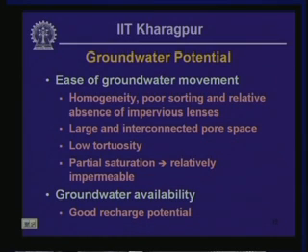And what is better is that the grain size distribution of the water bearing formation should be poorly sorted. In other words, the grain sizes would be quite similar. Grain sizes that compose the aquifer would be quite similar, and there should be relative absence of impervious lenses within the mass of the aquifer.